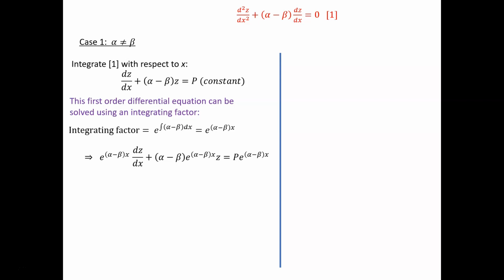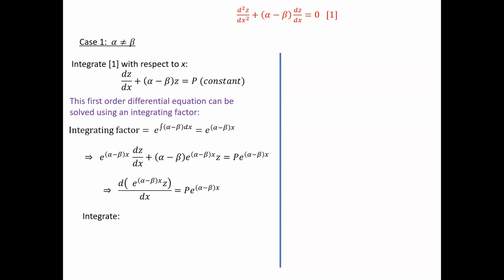The left-hand side of this equation is an exact derivative. It's the derivative of e^((alpha minus beta)x) times z. So we've got the derivative of e^((alpha minus beta)x) times z must equal p times e^((alpha minus beta)x). Integrating each side, the left-hand side simply becomes e^((alpha minus beta)x) times z.